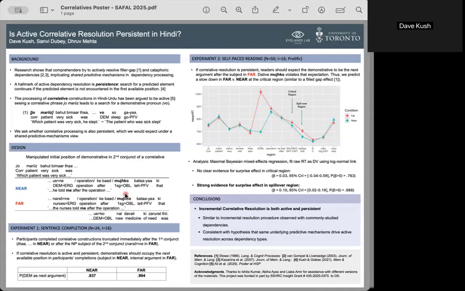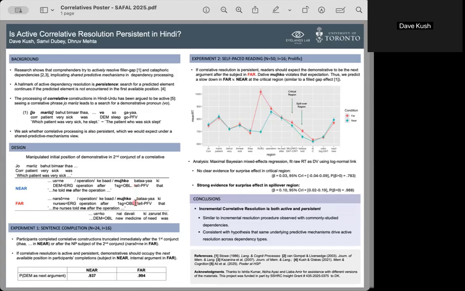So in the FAR condition, mujh would be providing information or evidence that the expected demonstrative is not the next argument in the sentence. And so what we wanted to see is whether people would be surprised to see mujh in the FAR condition under the assumption that they had predicted that the sought after demonstrative would be in that position.